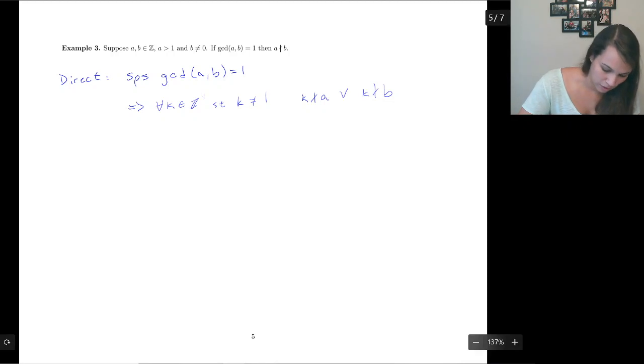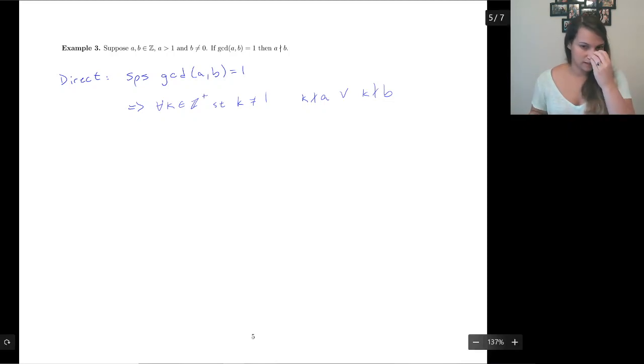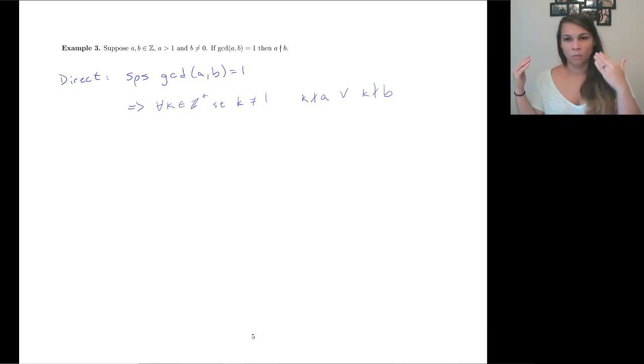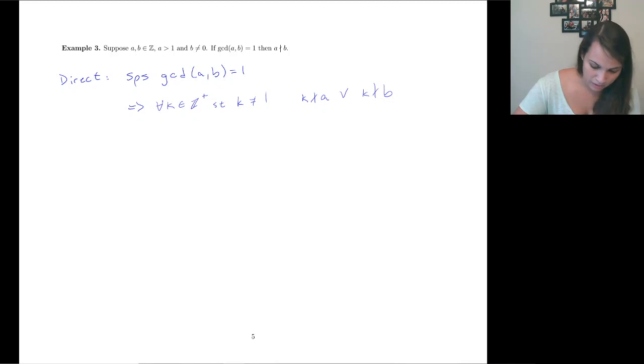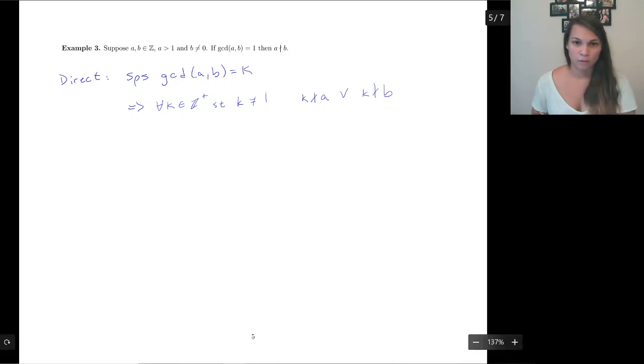Oh, and I want to go ahead and restrict it to the positive numbers. Why can't it divide one or the other? Because if it divided both of them, then we would be able to say that the GCD was equal to k, because you have found a number bigger than 1 that divides A and divides B.